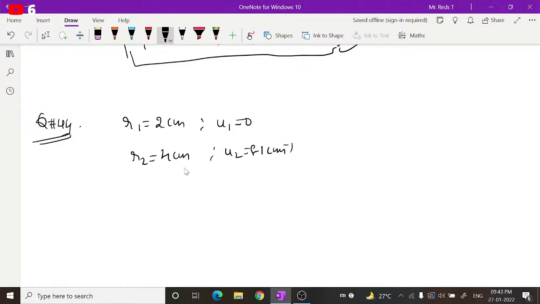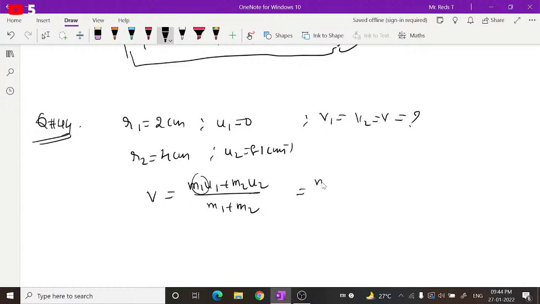Then the common velocity, if it is perfectly inelastic, that means v1 is equal to v2 is equal to v. What is this common velocity? Then we should follow that v should be equal to m1 u1 plus m2 u2 by m1 plus m2. Here u1 is 0, this term becomes 0, so you can write m2 u2 by m1 plus m2.